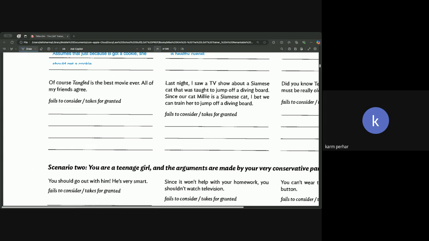She forgets that there's more people than her friends, whose opinions matter, right? She's failing to consider that there are more people that would have opinions of the movie, and that their opinions are important.